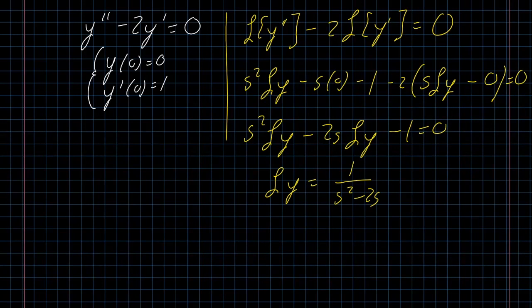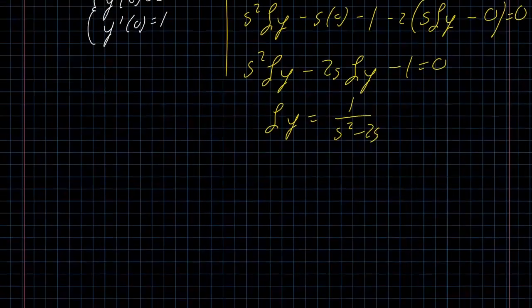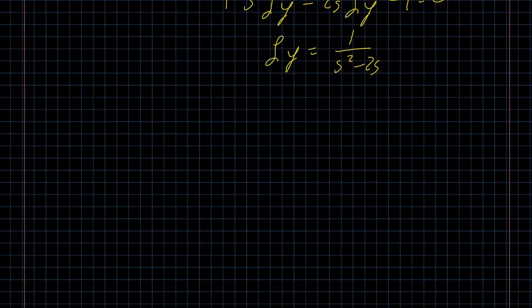So I get the Laplace transform of y is 1 over s squared minus 2s, which means that I can solve this by finding the inverse Laplace transform of 1 over s squared minus 2s.